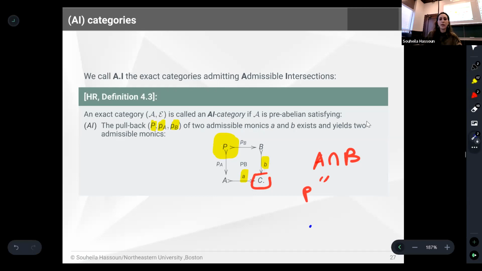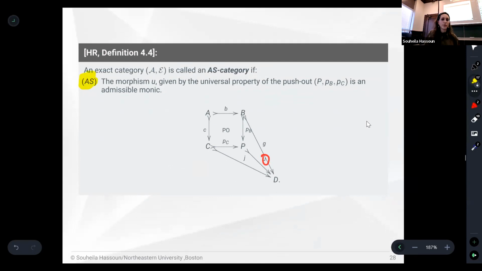So I care about P, the intersection, the pullback, being admissible in the object C. That's what we want. So we ask for this extra property. Let's say we call this an extra axiom for the sum. And when we have admissible sum and admissible intersection, then that ordinal property will behave well.